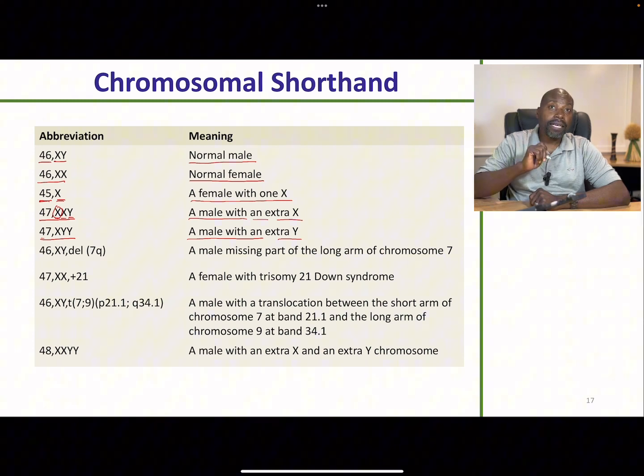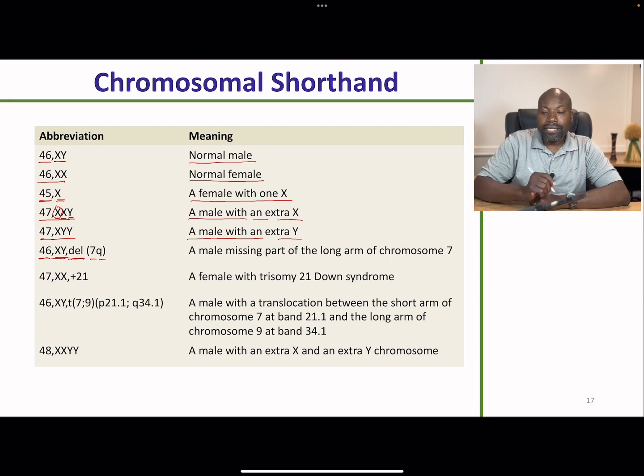Then let's make things a little more complicated. We have 46XY del 7Q. Well, here we are saying this individual has 46 chromosomes, so that's good, right? He's a male. He's XY. Good, okay? He's male. But wait a minute.